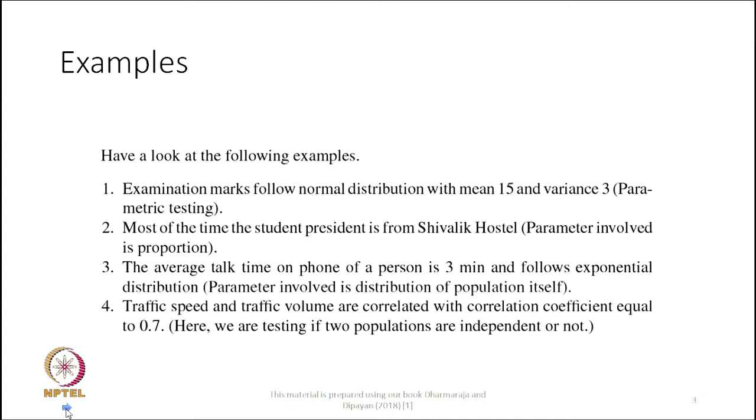The second one is about the proportion of the population, the third example is the distribution of the population, and the fourth example is the correlation between two different pieces of information, which is also related to the population. Whenever you make such a statement, you may have a doubt whether this statement can be accepted or rejected.